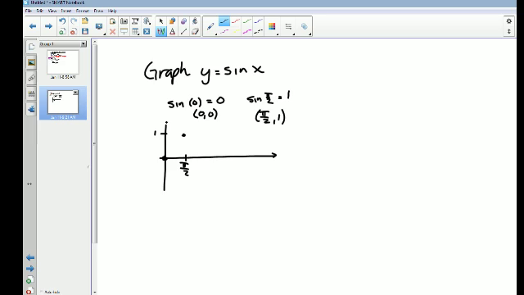Okay, what about sine of pi? You just did sine pi over 2, which the value's 1. It's 0, right? So, dot.